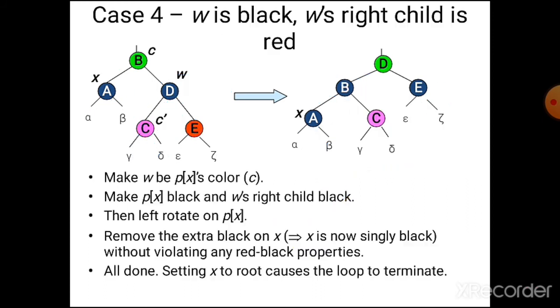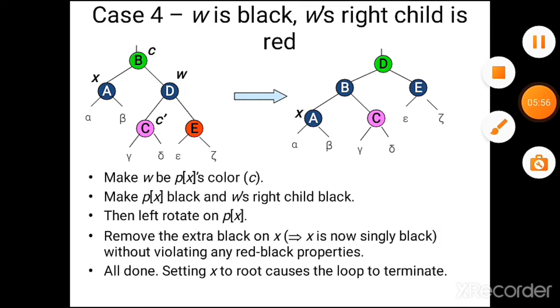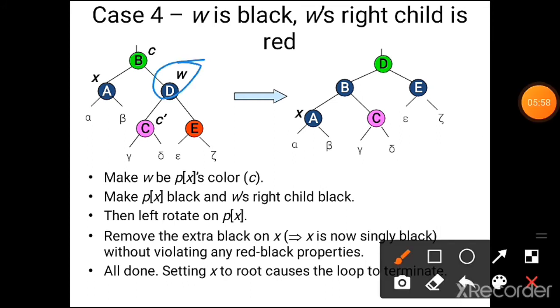In case 4, W is a black node and its right child is red. So here we are changing the parent color and W's color. That is, W becomes the parent color, that is C's color, and we make this parent P of X black.